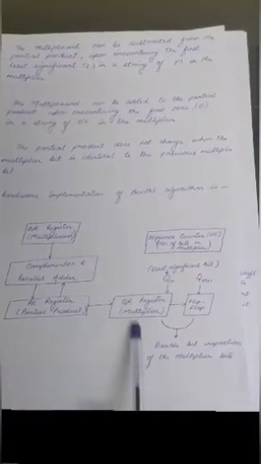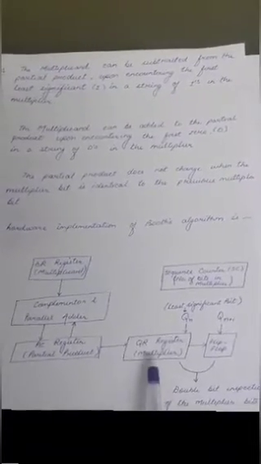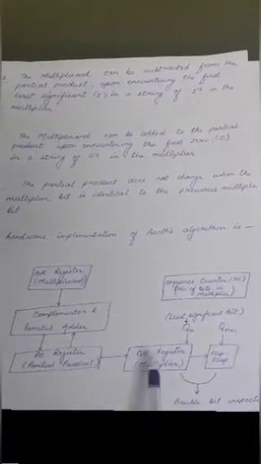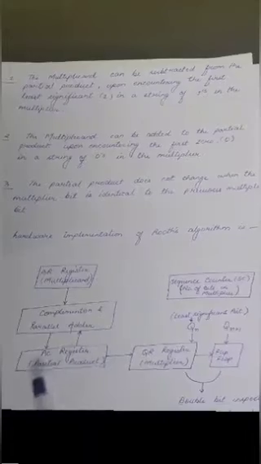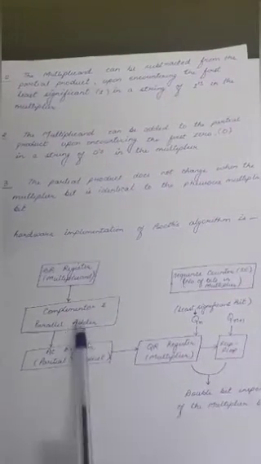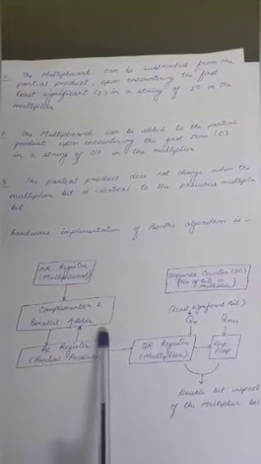So this is the hardware implementation of my Booth algorithm. I have a BR register in which I am going to store my multiplicand. Next I have the QR register wherein I'll be storing my multiplier, and the AC register is used to hold my partial product. A complementer and parallel adder would be required for my process.